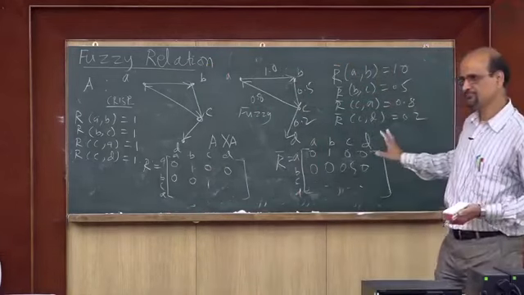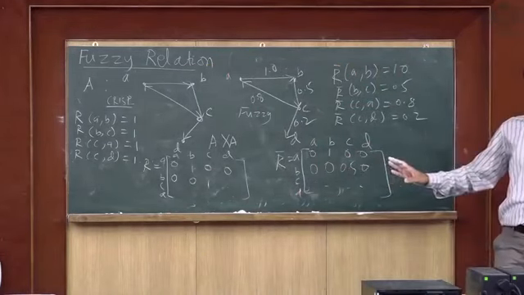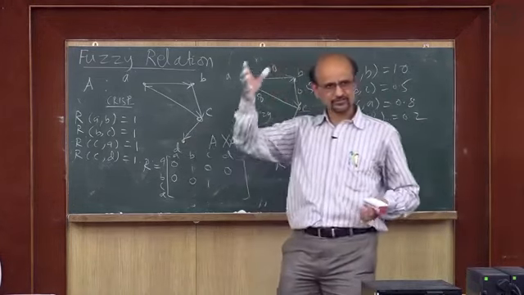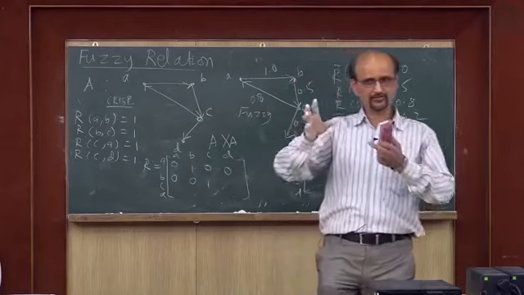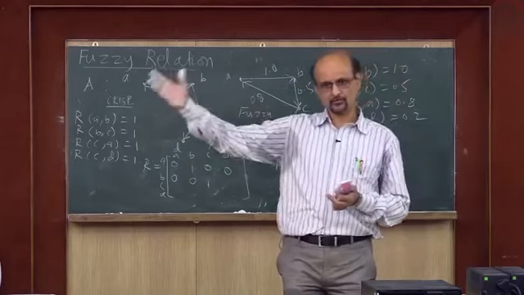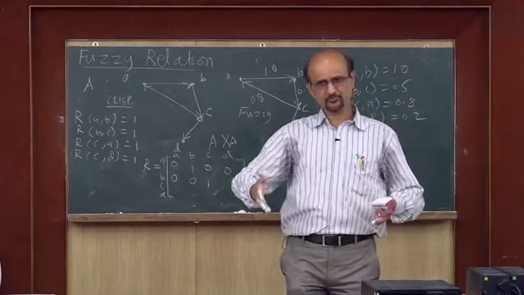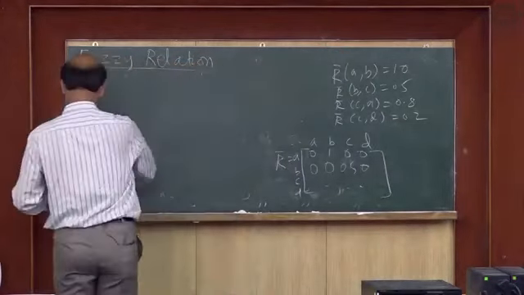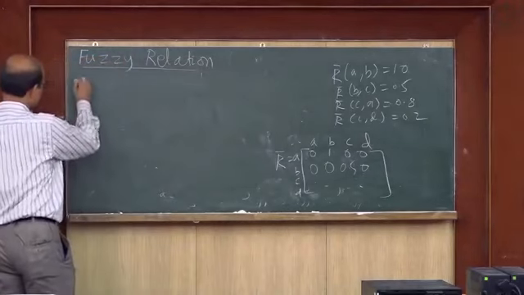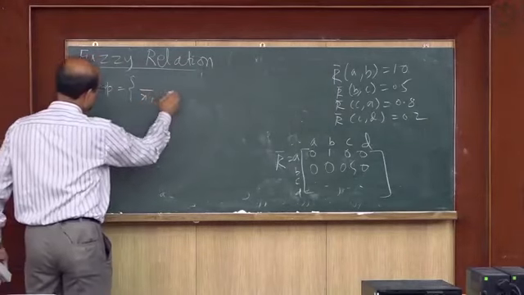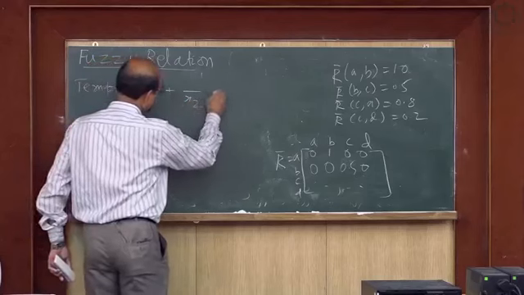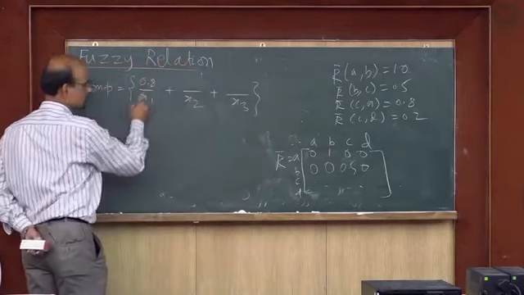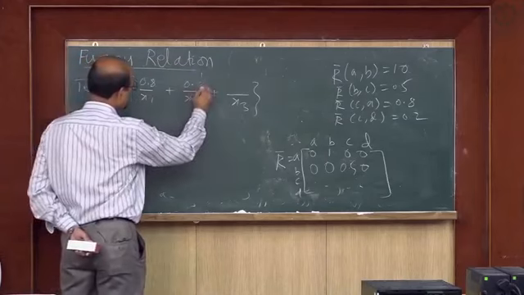Very easy or not? These have many applications that I told already, like temperature and pressure. I want to have a relation between temperature and pressure for some output. Suppose I have temperatures x1, x2, x3, and these are fuzzy, with membership functions 0.8, 0.6, 0.5.